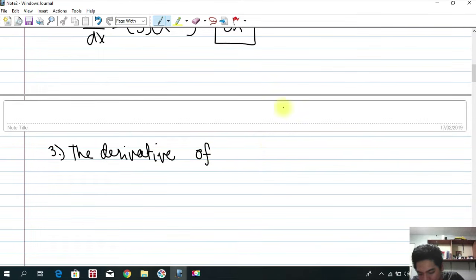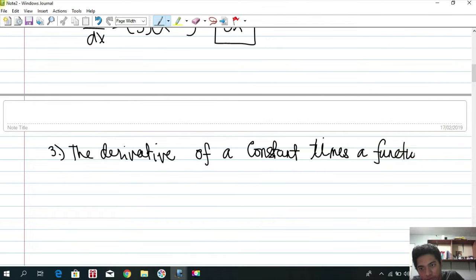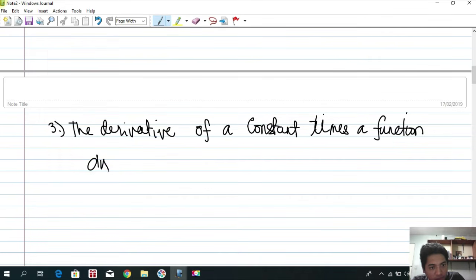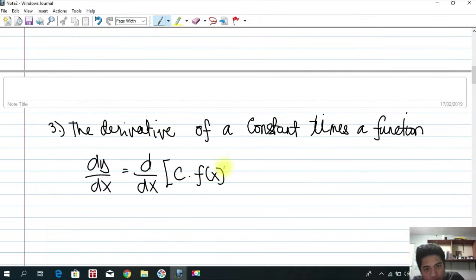For our third rule is the derivative of a constant times a function. So it says here the formula dy over dx is actually equal to d over dx of the constant times a certain f of x.